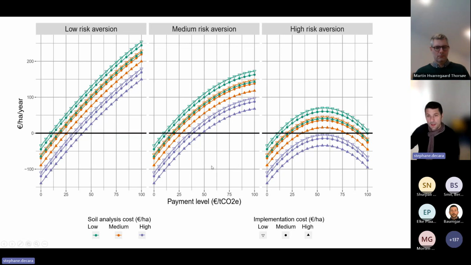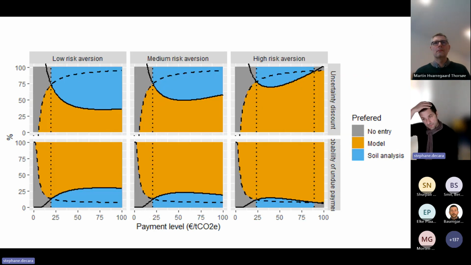Now, if we look at the choice between result-based and activity-based schemes, you have the same kind of mechanisms at play. Here again, you have low risk aversion, medium risk aversion, and high risk aversion farmers, and different levels of payments.